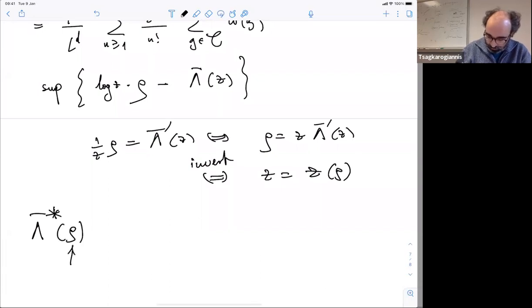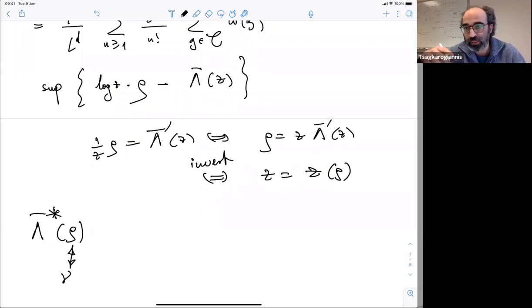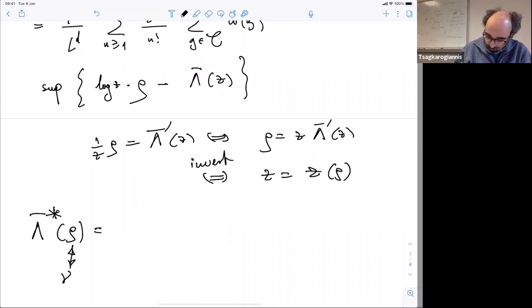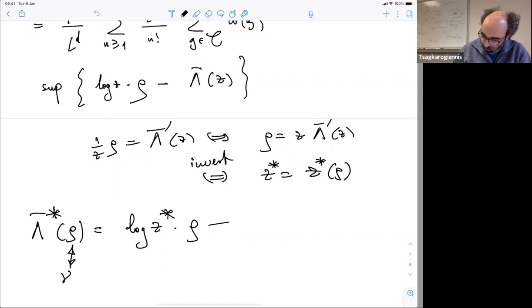So this was what I knew before, but in the homogeneous case, I don't need the measured space. I just do it on the real line. So it is just a constant, it's a real number. So I write it, and this is the rho, the density rho here, which is evaluated at the supremum. So let's say the supremum is at this function z star times rho minus lambda bar of z star.